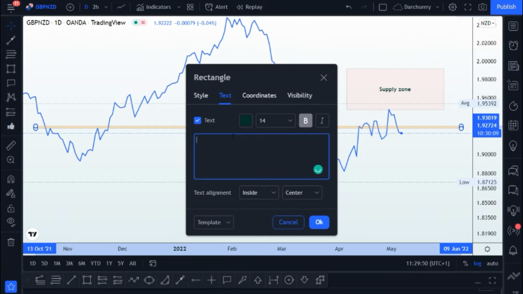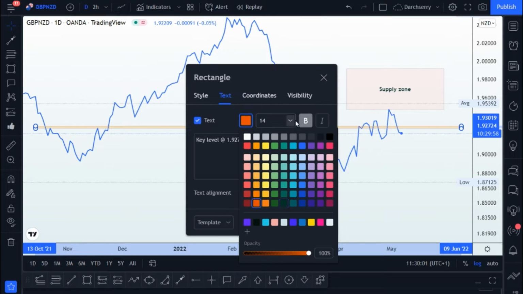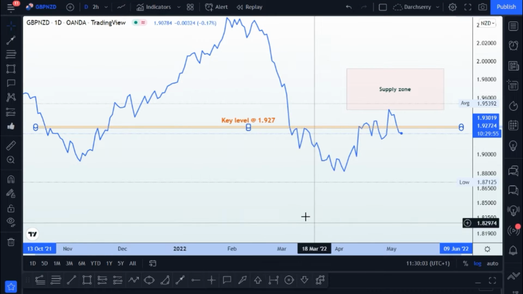So let's label this key level at 1.927, and let's put it right at the top. I'll make it a little bit visible. Good.